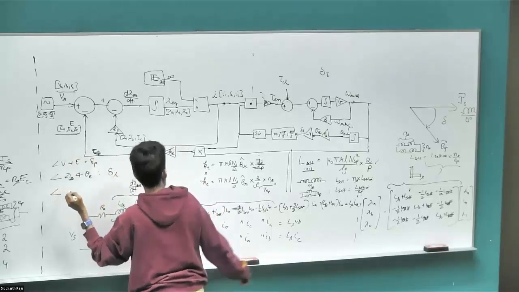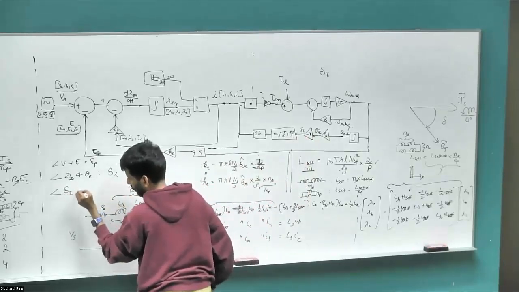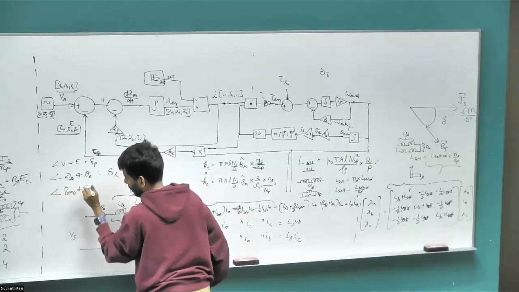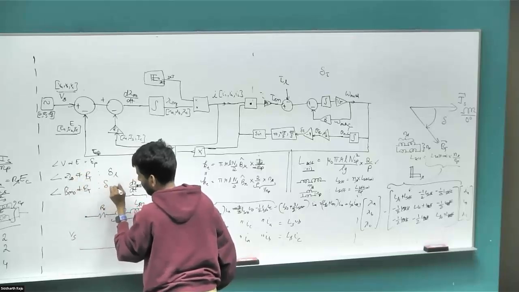And the delta that we have here is your delta tau, which is basically the angle between BMS and BR. So this is our delta tau.